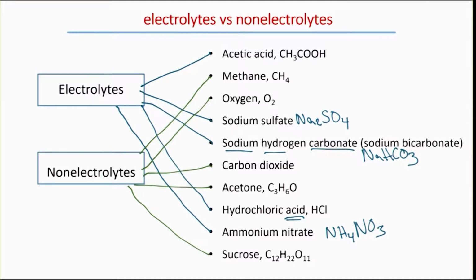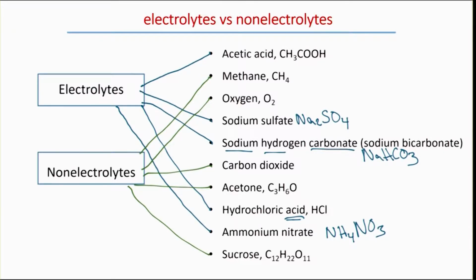All right, looking at those ones that we did circle as electrolytes, you can see, okay, the ionic ones, there's two acids as well, hydrochloric and acetic acid. Now, if I had the light bulb thing and I had it set up with HCl and with acetic acid, CH3COOH, would the light be the same? If I had the same concentration of both of those acids, what would be different? And there is a difference.